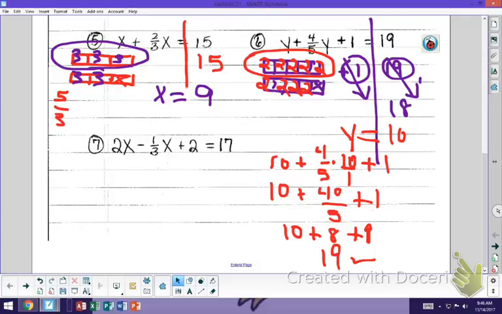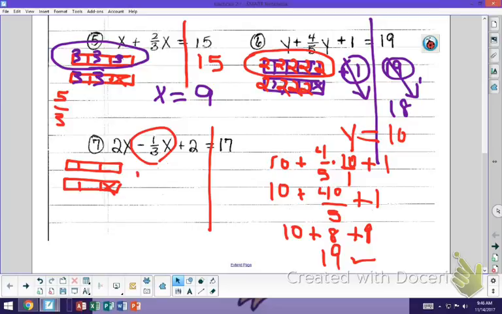Number 7 is a little bit different because we have 2 whole x's, and we want to remove 1/3 of one of those, which tells me that my x's have to be divided into thirds. So if I have 6 pieces and I remove one of them, I'm really left with just 5/3. Plus 2 is 17.